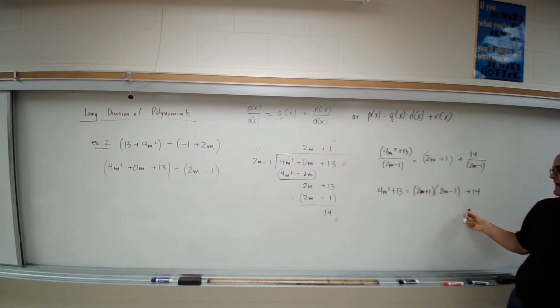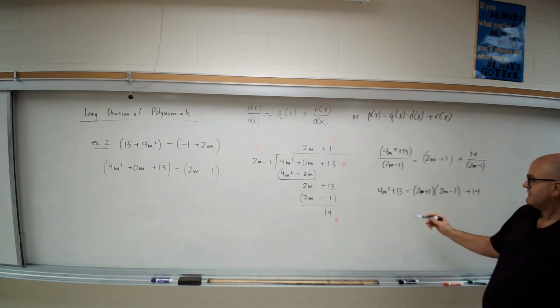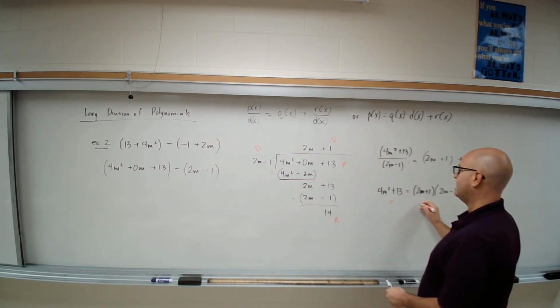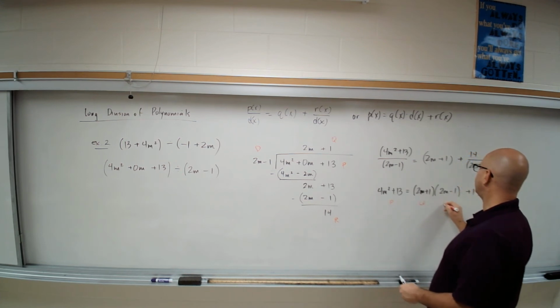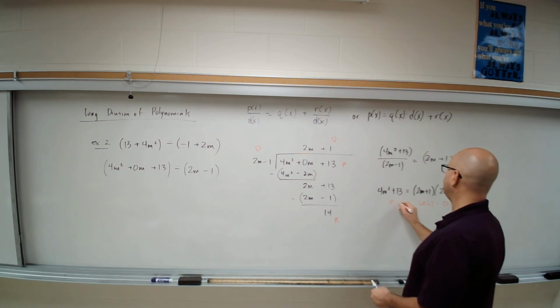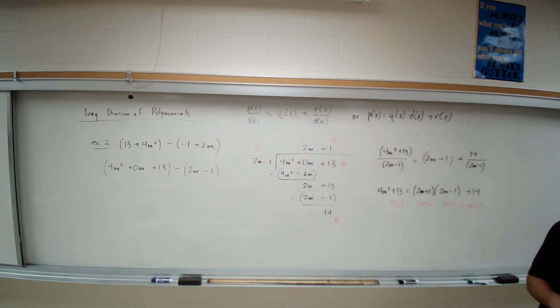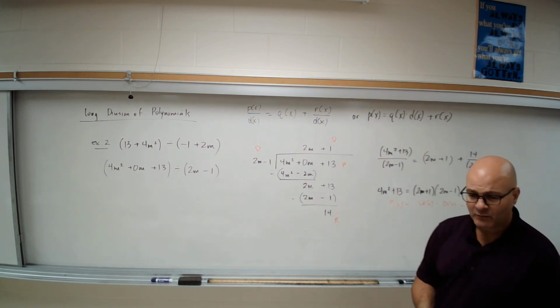You multiply this out, you see that it works over there. Let's see. Yeah, so again, this was our dividend, quotient, divisor. I guess put x's on them. And then plus the remainder. So that's the idea. So hopefully that went okay.